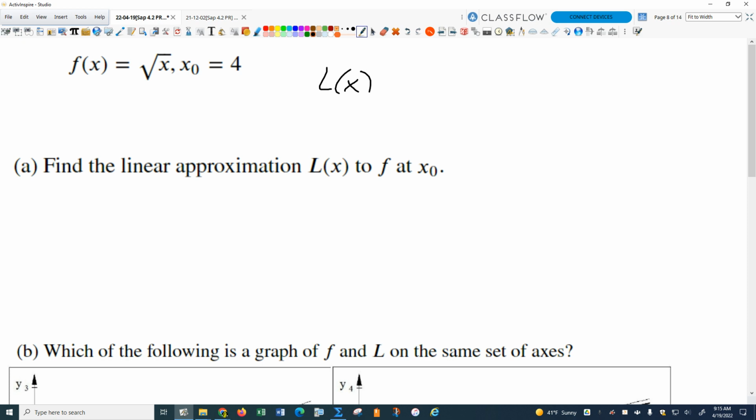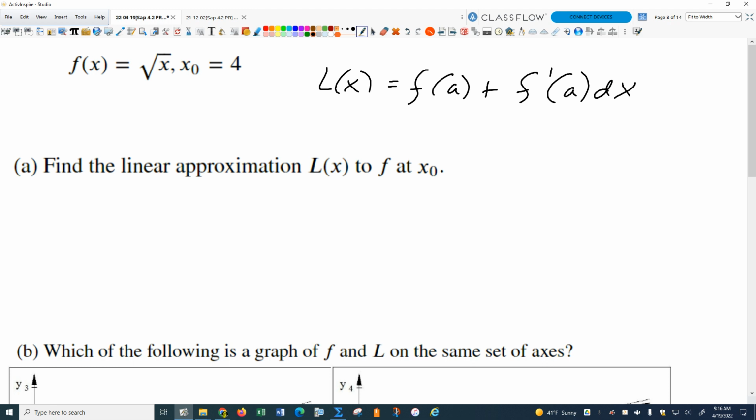That's the output of my line, is equal to what? F of a, good. So it's going to be the starting value of the function plus, there you go, plus my differential, right? Which is always going to be f prime of a dx.